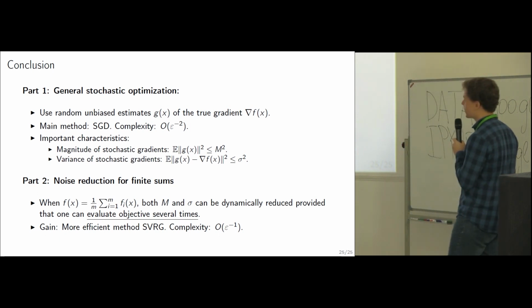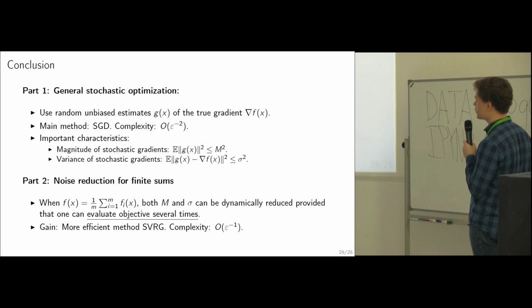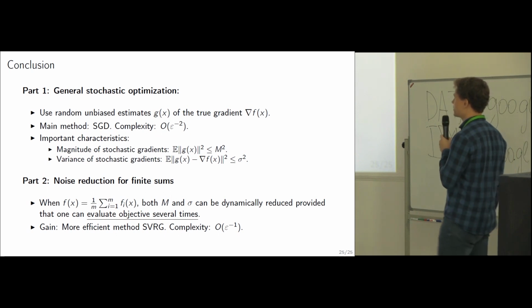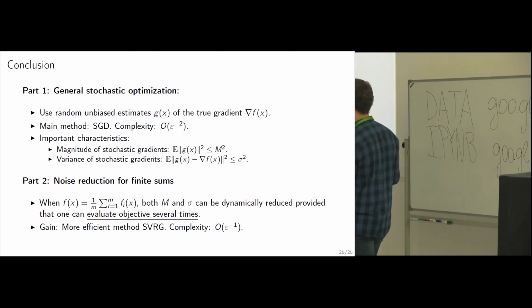However, let me point out the difference between this SVRG method and the SGD method, because you may think that if we optimize these finite sums, then we should always use this SVRG method. Actually, this is not the case, and the answer is that we can use this SVRG method if this parameter m is not very large.